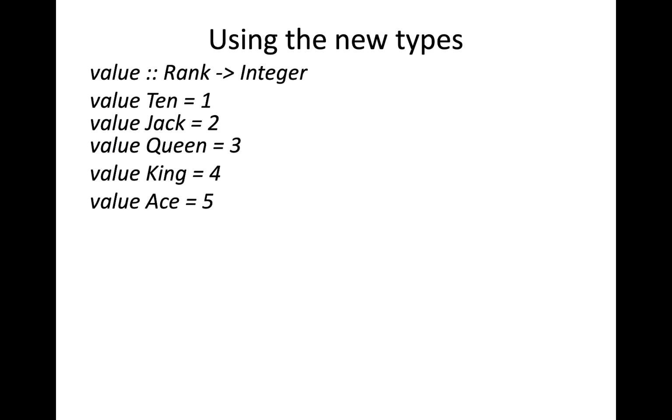Correct. Okay, now let's define some meaningful functions in this card game context. Say one function name is value. The input of this function is Rank, something like this, and output is one integer. And these are the possible input, and these are the corresponding output.